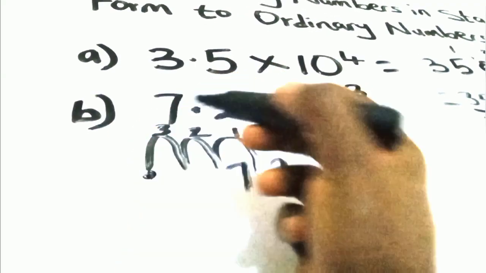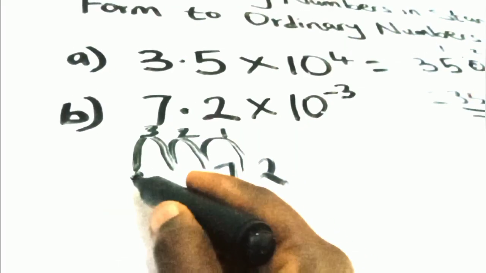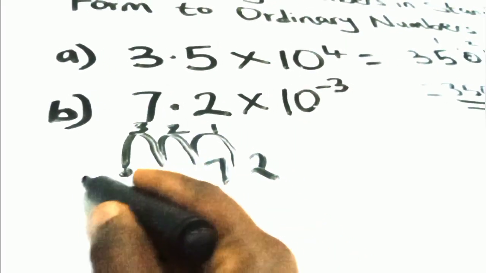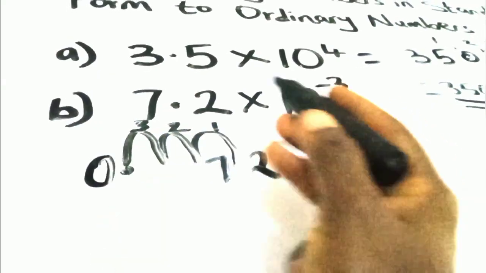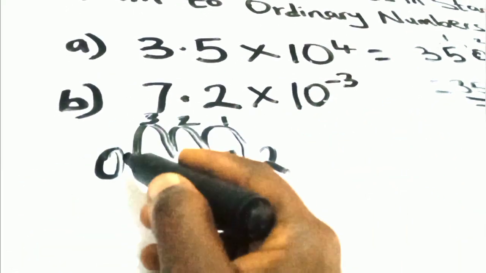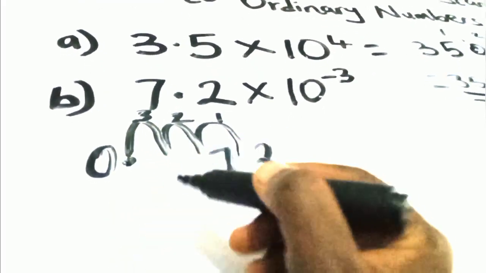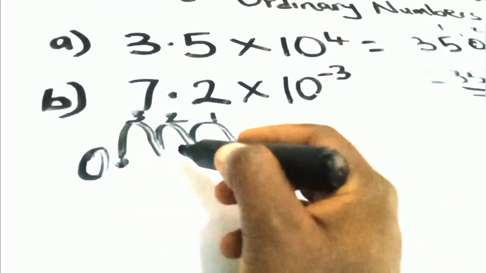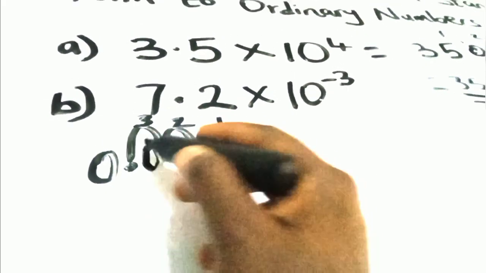The point will be here. And this point will not stand alone at this side, so you have to put 0 to hold your point when you are moving backward. When you are moving from right to the left, after the point, put 0 that will hold the point. So I'm going to fill in the empty spaces with 0. 0, 0.